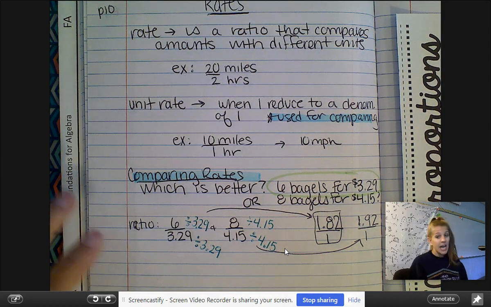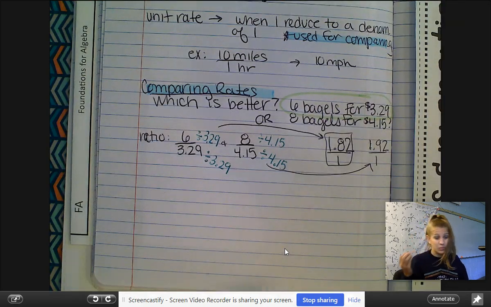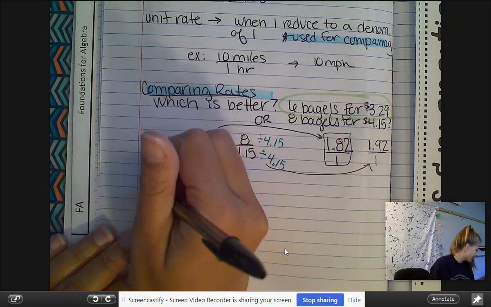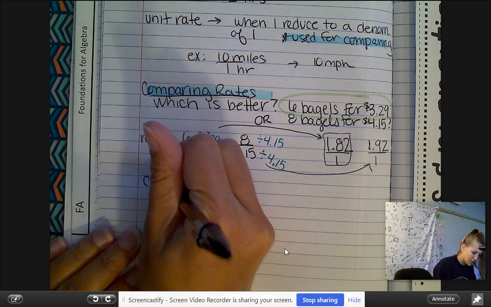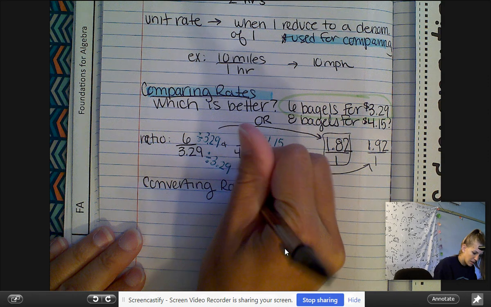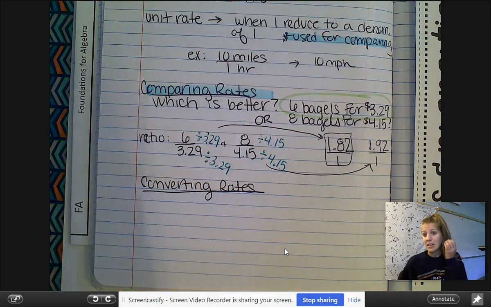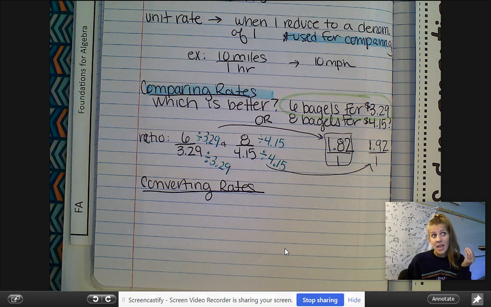Okay. Another really useful thing that includes rates or ratios is converting. So if I'm talking about miles per hour, I could convert that to feet per second.